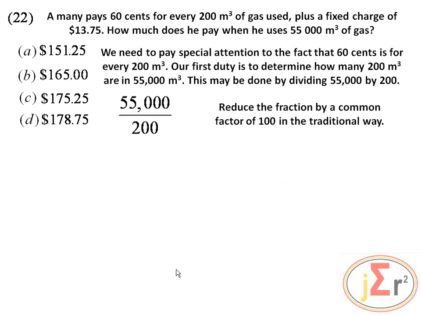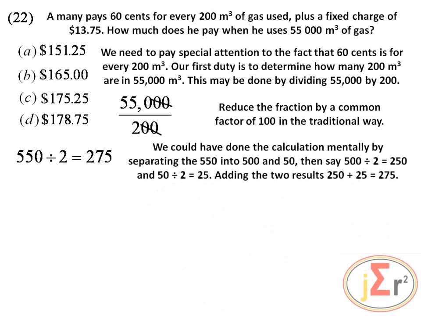Reduce the fraction by a common factor of 100 in the traditional way, striking off 2 zeros from the numerator, striking off 2 zeros from the denominator. 550 divided by 2 is 275.